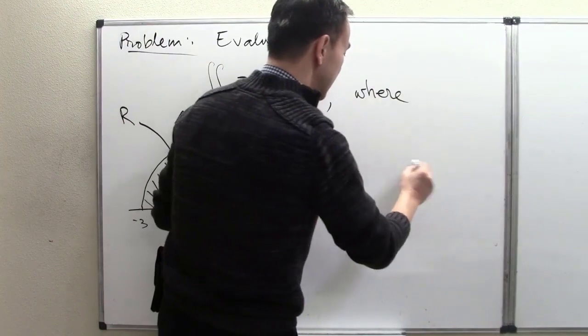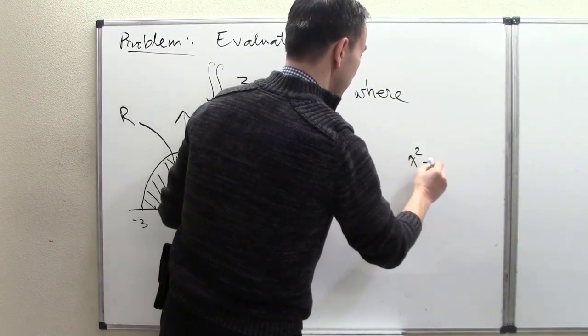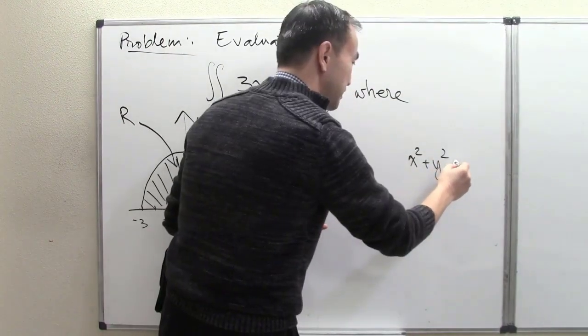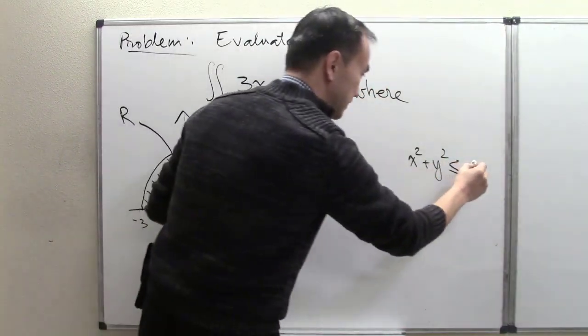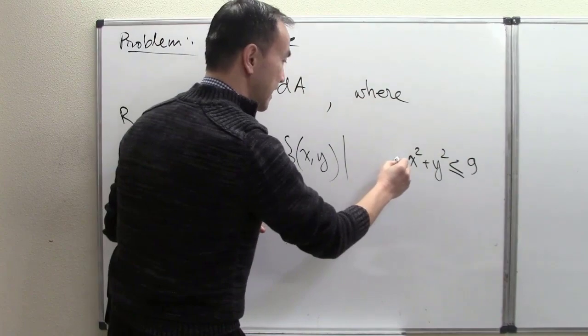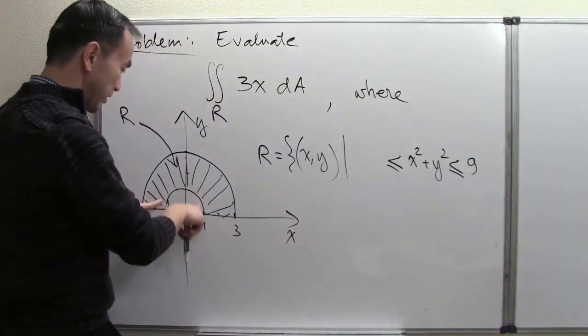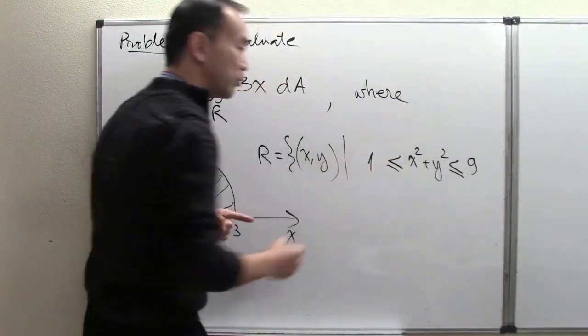That means x squared plus y squared is inside the circle with radius 3, so make it 9 here, and outside the circle with radius 1, so it's going to be greater than or equal to 1.